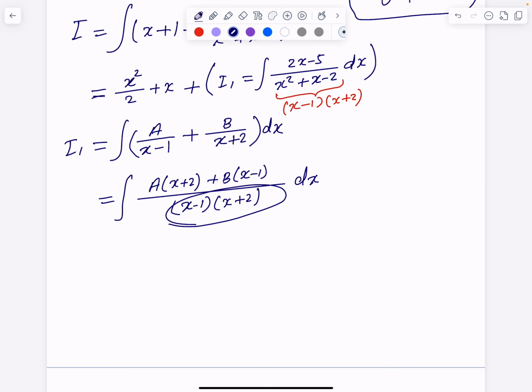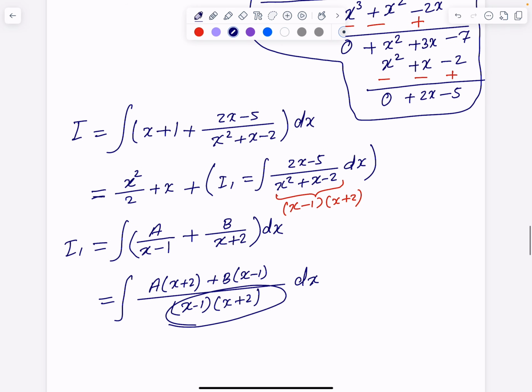Since this one is the same as this, therefore this one must be the same as this one.